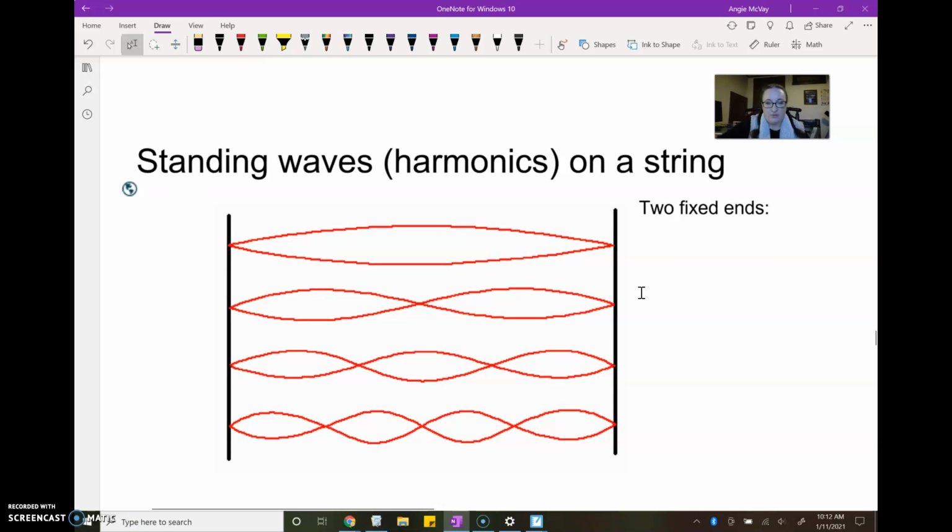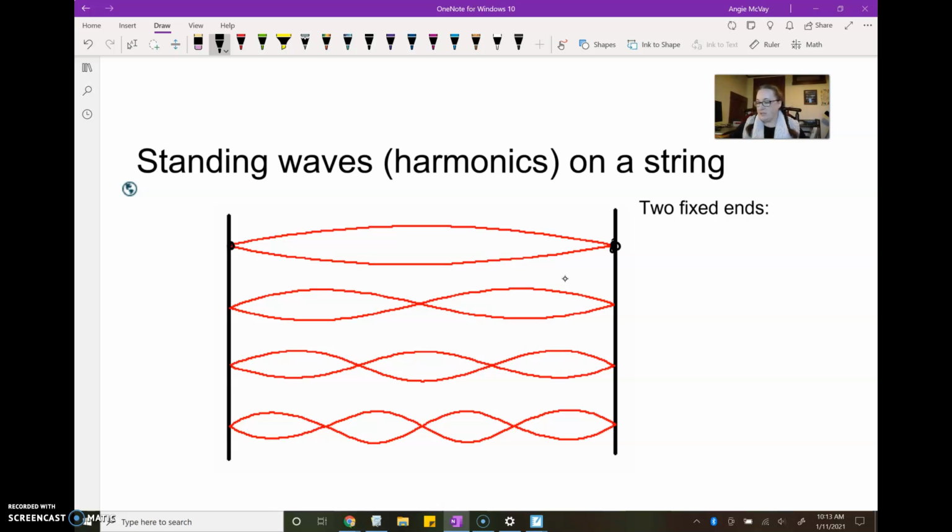Right, so on strings, there are different notes that can be played, and the waves that are produced by the string tell us what sort of note is being played. Okay, so when you pluck a string on a musical instrument, you're producing a standing wave. Okay, you're producing a standing wave with two fixed ends, right? Both ends are tied down. Okay.